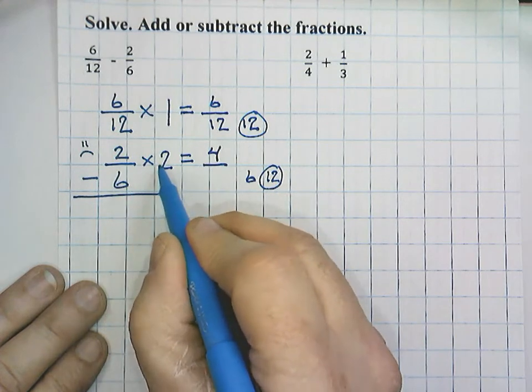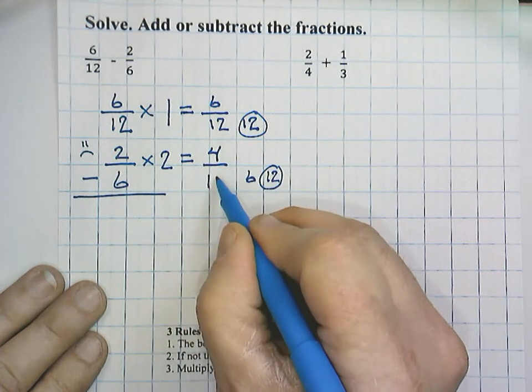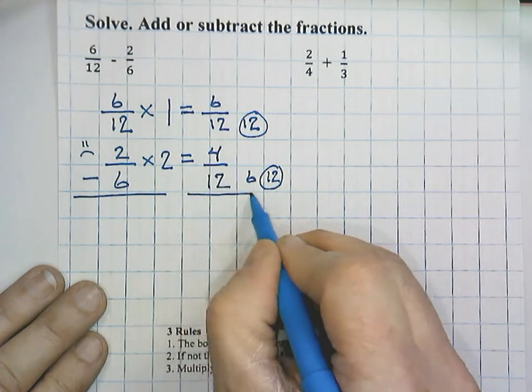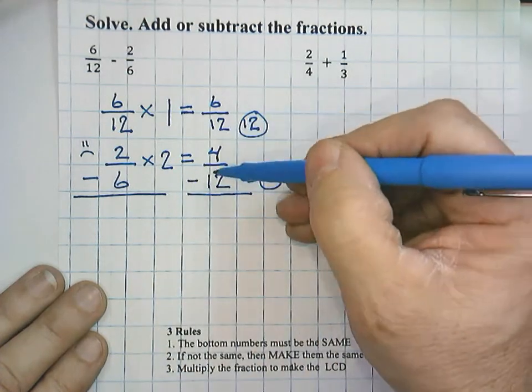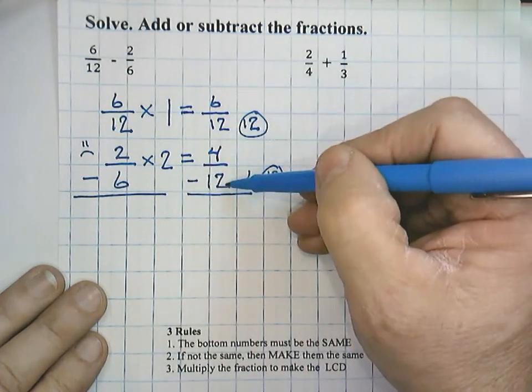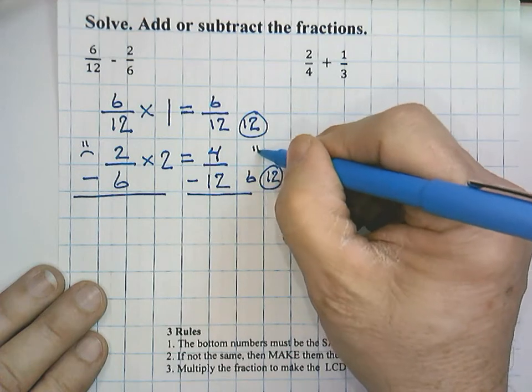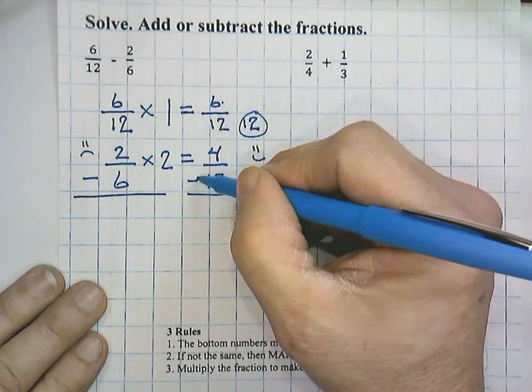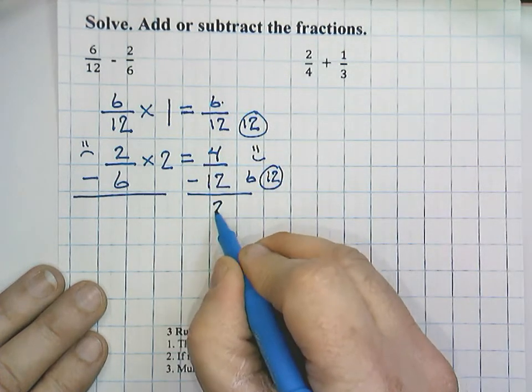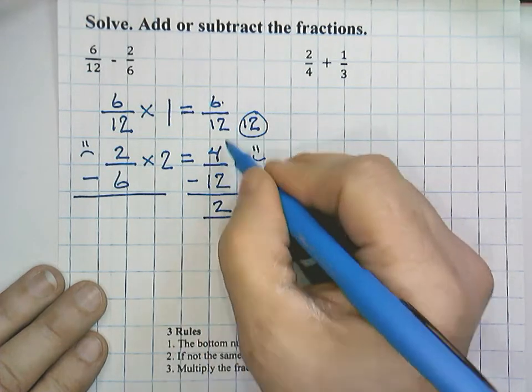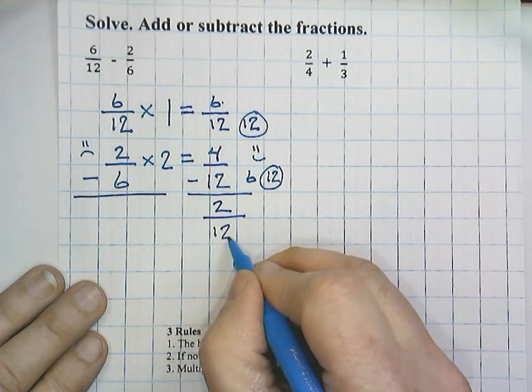And 6 times 2, 12. Now we are good to subtract because our denominator is the same. 6 minus 4 is 2. And then we have 12, so 2 twelfths.